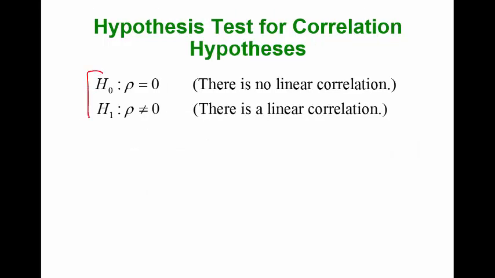For a hypothesis test, we have the null and alternative hypotheses, and they're the same for every single hypothesis test that you do in this chapter. So just remember to write these two things down. Our H naught is rho is equal to 0, and our H1 is rho is not equal to 0. The null hypothesis says that there is no correlation, and the alternative hypothesis is our claim that there is linear correlation.